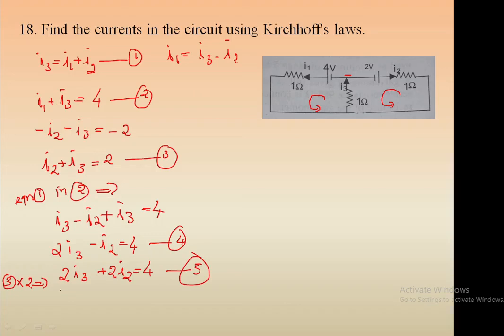Now let us subtract equation 5 minus 4. I think it is better to subtract.